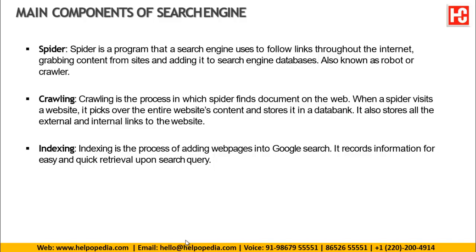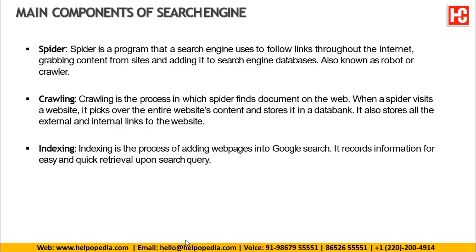What would be the quality of that content that is taken into effect, and then the uniqueness of that content is taken into effect. Uniqueness matters because Google does not want people to copy the content from other people's websites. So Google will pick up only the content that is original.